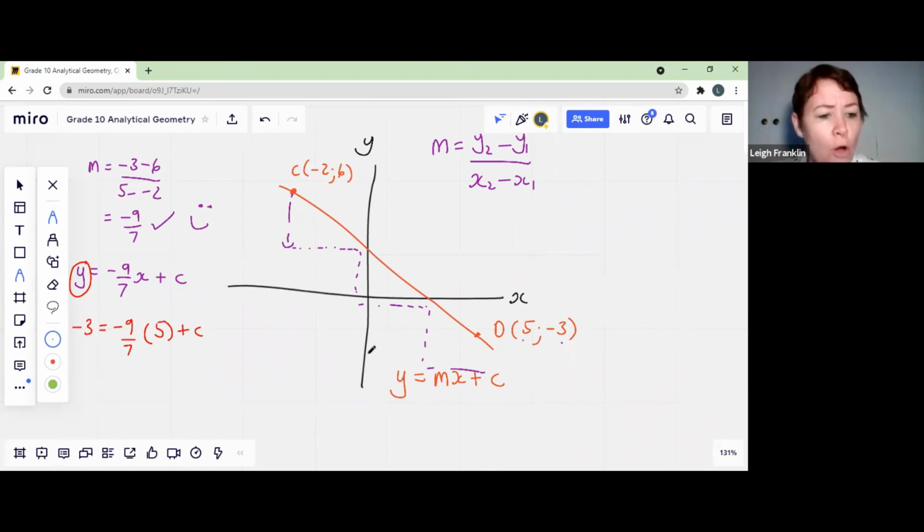Not a problem. Okay, so now on your calculator, Nosisa, I want you to tell me what minus 9 over 7 times 5 is. It's -45 over 7. Beautiful. Perfect. And then what are you going to do with this horrible fraction minus 45 over 7?